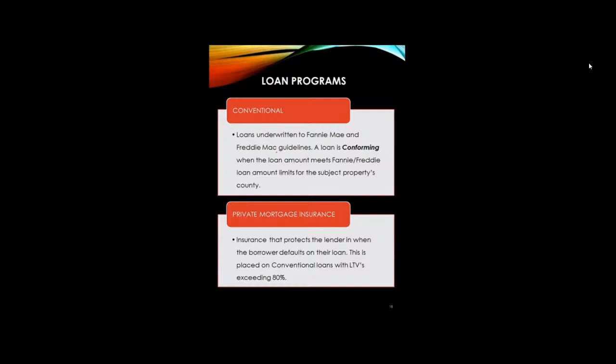Private mortgage insurance helps the lenders recoup some of their costs associated with doing the loan if the borrower defaults on the loan. And that's the key word, defaults. If the borrower never defaults, private mortgage insurance is never needed for the lender to utilize, but you still pay on it because it's an insurance. It's like gambling. There's a chance that they might need it, but when you go over 80%, lenders require the borrowers to get it.